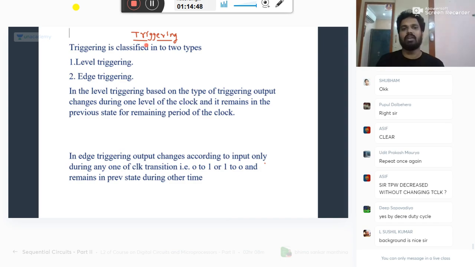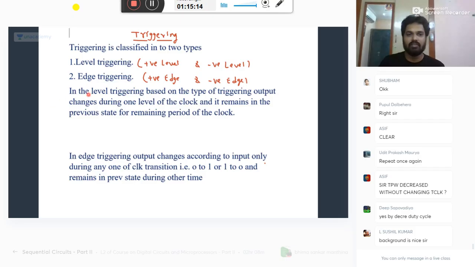Triggering is basically classified into two types: level triggering and edge triggering. In level triggering, we have positive level and also negative level. Two types of level triggering are there. Similarly, here, positive edge triggering and negative edge triggering.